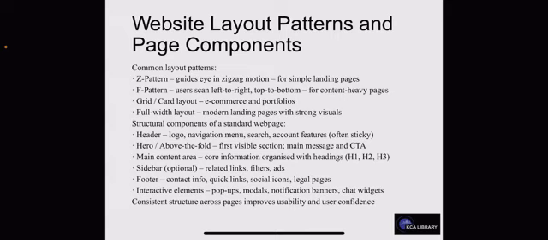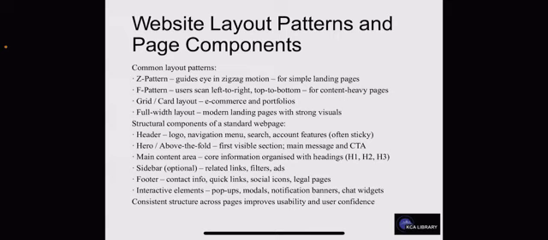Structural components of a standard web page. Now we have the header, which comprises the logo, navigation menu, search button, and account features. They are often sticky. We have the hero, or above the fold, which is the first visible section. It has the main message and CTA. We also have the main content area, the core information organized with headings.